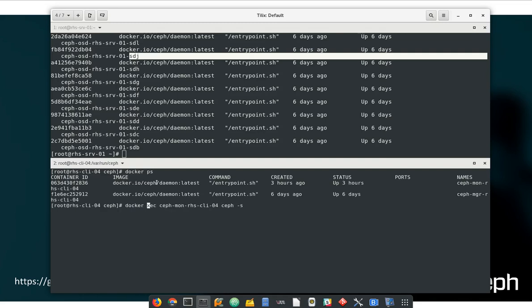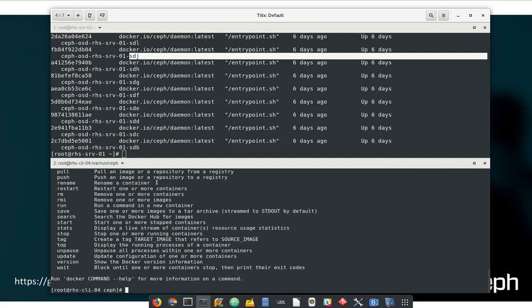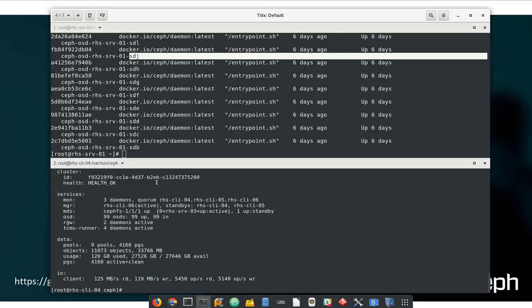So let's have a look and see what the cluster looks like. So we have the cluster in a healthy state. There are 99 OSDs. We have 3 mons. We have managers active. We have an MDS.